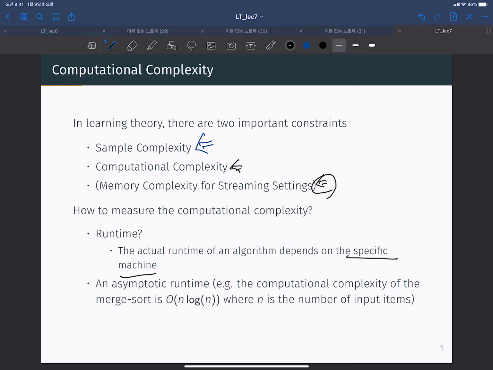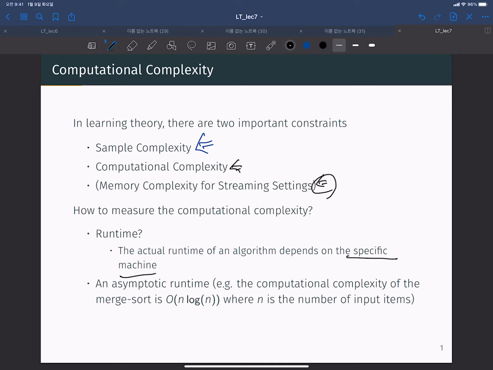So it is very difficult to fairly compare all the algorithms on a single machine, because some source code can be designed to operate very well on the specific machine, but for some algorithms there is no such source code optimization process, so they require more time than usual.